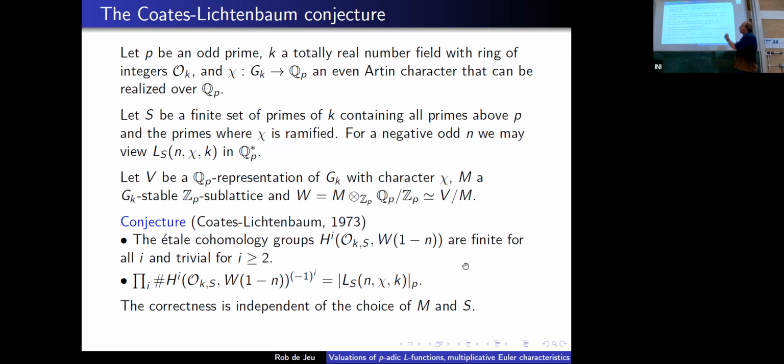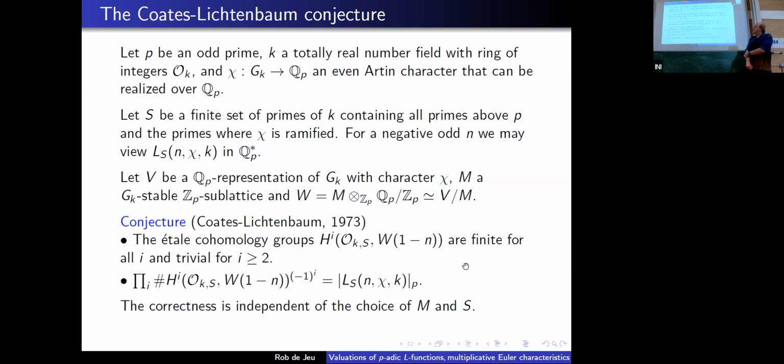So this gives you a way of viewing, at least at particular points, the values of those classical L-functions as being in the p-adic field that you start with. And then there are several ways of formulating this conjecture. I took the easy one, and there is a more general version of this. You start with a finite-dimensional vector space V, on which you realize the representation underlying the character.